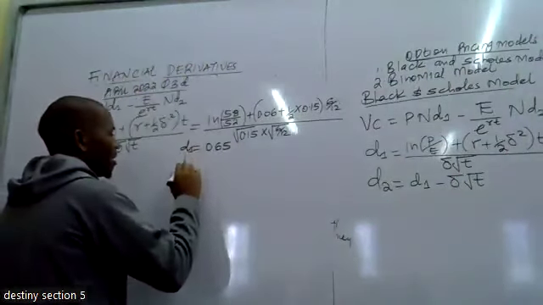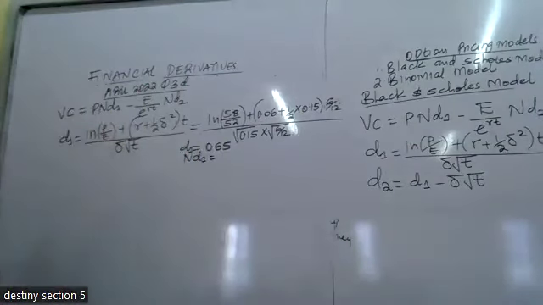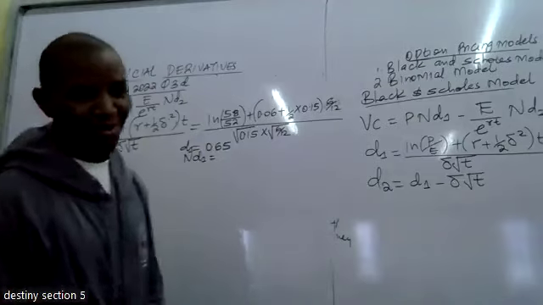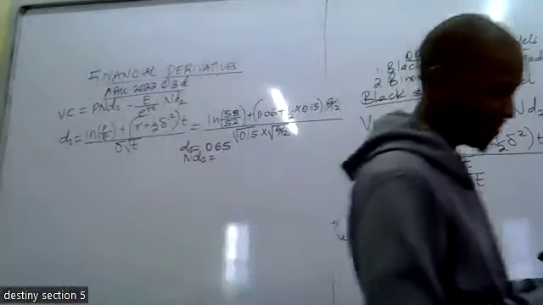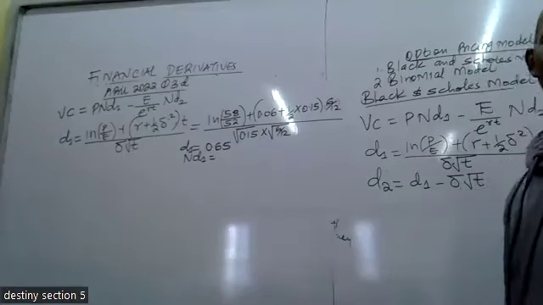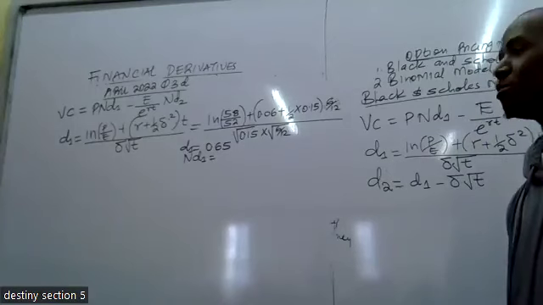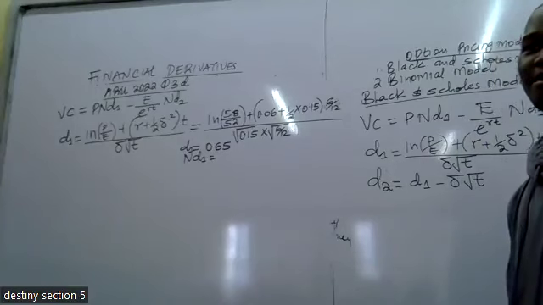So what will be our N(D1)? This should be 0.65. If you have gotten 0.65, just repeat. So from the normal distribution table, then you go to 0.65.